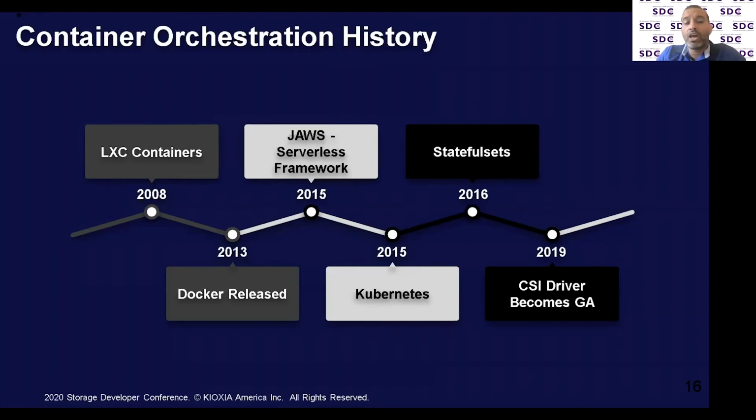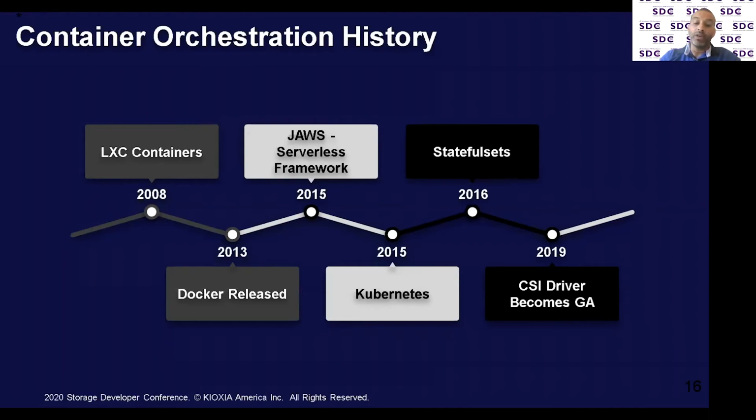And then Docker took it to next level. Docker released its image building process and running containers in a much simpler way in 2013. And then in 2015, we saw Kubernetes, how to orchestrate containers, how to run, stop, terminate containers, how to scale containers at a large scale.